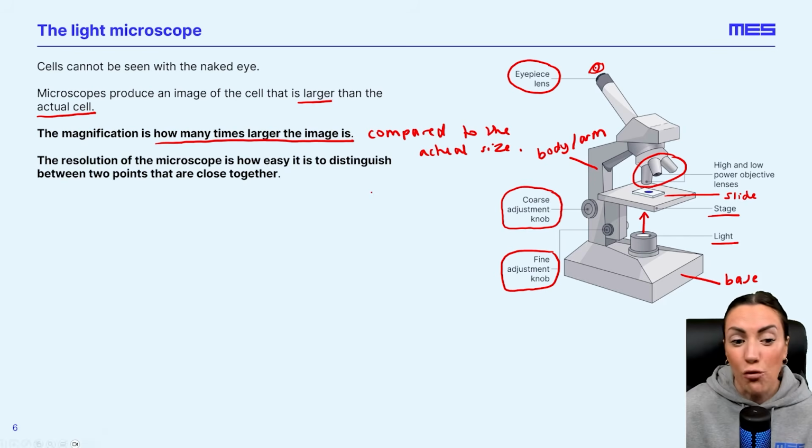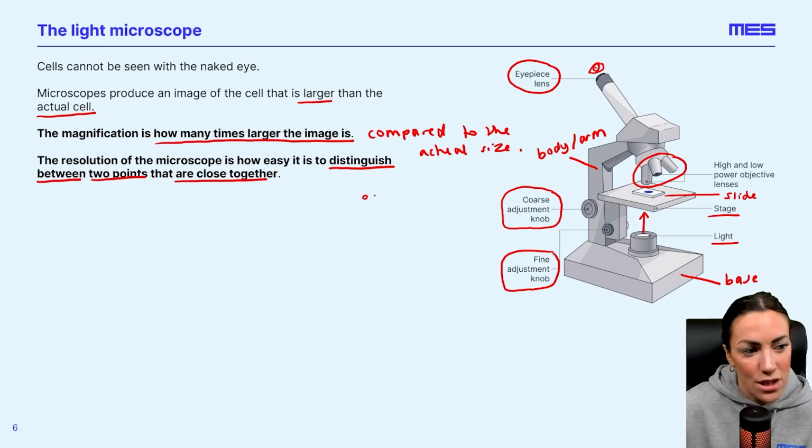Another key definition is resolution. Now, obviously, the higher the resolution, the clearer the image or the more clarity the image will have. But the definition of resolution is actually this. It's how easy it is to distinguish between 2 points that are close together. So for example, if you had 2 points, 2 organelles, maybe 2 mitochondria, if they are very close together and your microscope has a low resolution, you would not be able to distinguish them as 2 separate objects.